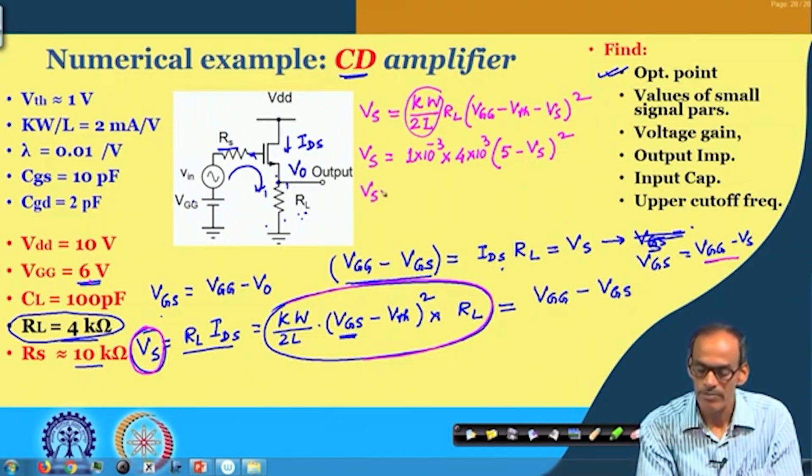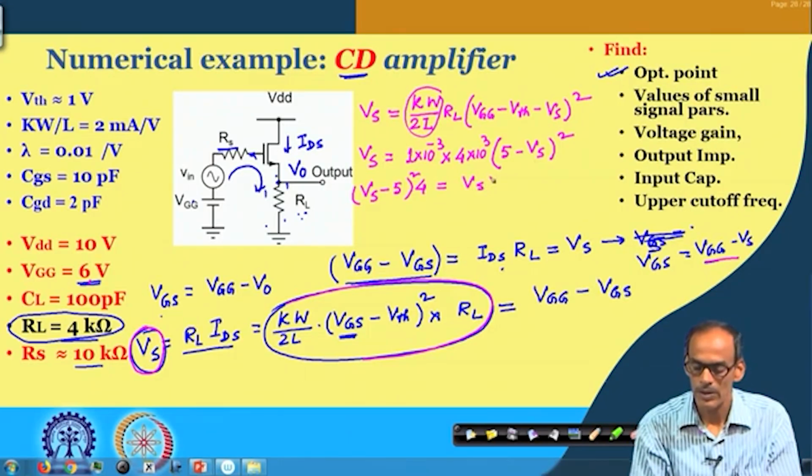So V s minus 5 square into 4 equals V s. Or we can take this 4 here.